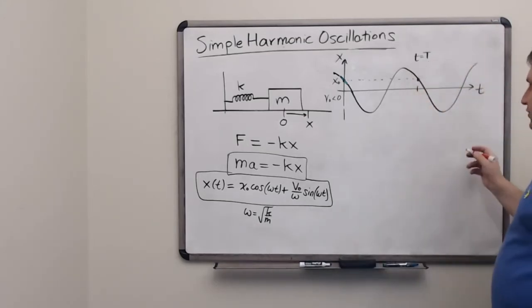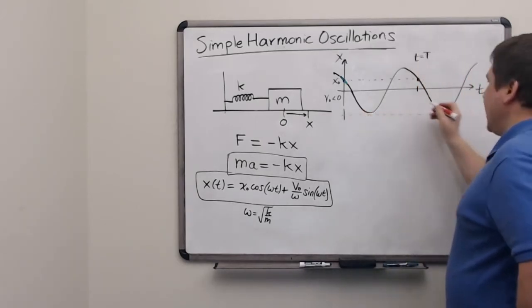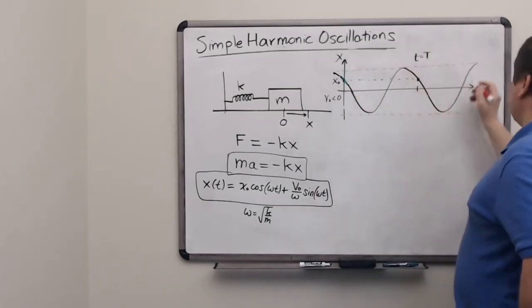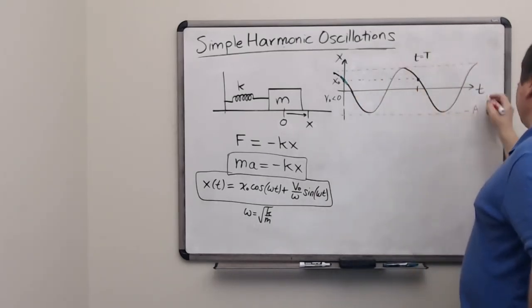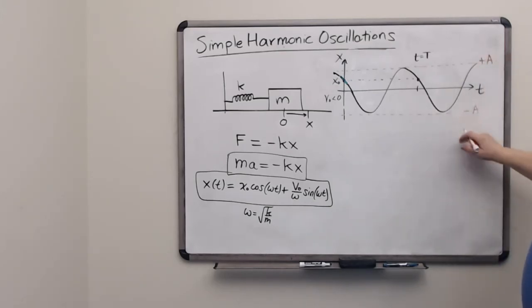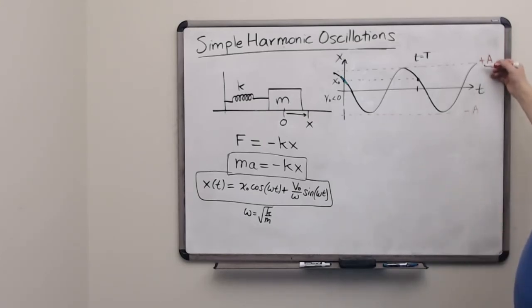What about amplitude? Well, the amplitude we had defined as the maximum and minimum extent of the motion. So between minus a at the bottom, the farthest to the left, and plus a at the top, the farthest to the right.